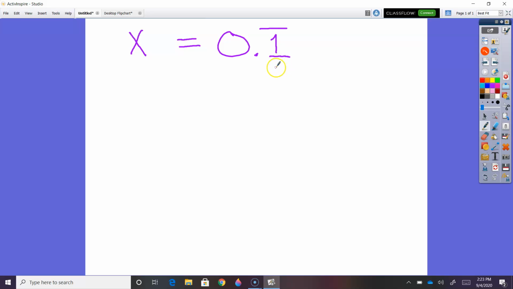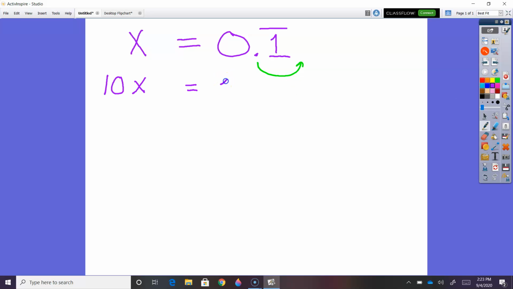So since that 1 is repeating in the tenths place value, I'm going to multiply both sides by 10. So that gives me 10x. When I multiply 10 on the other side, all I'm doing is moving that decimal one place.